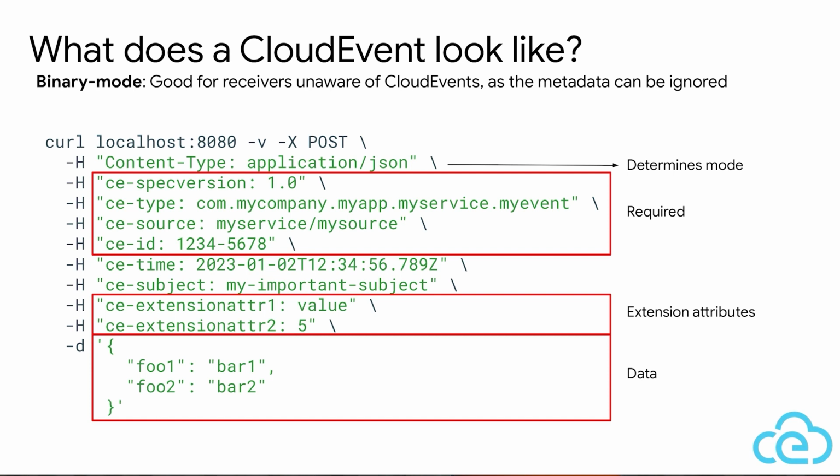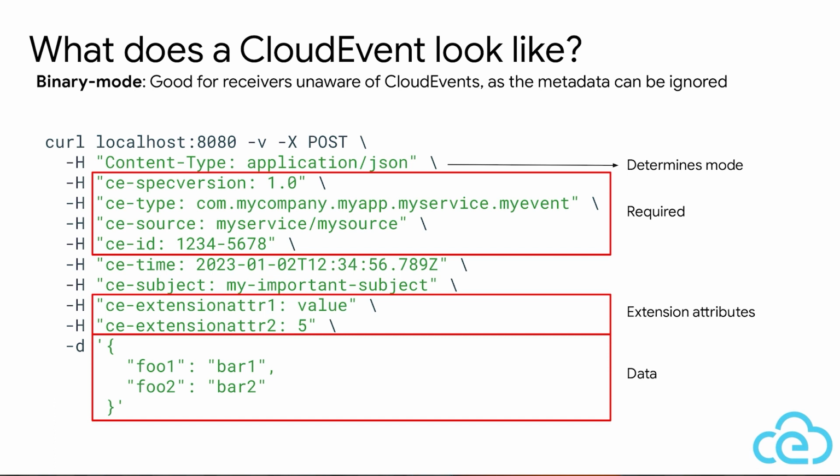And these are the minimal required CloudEvent headers that you need. So this is the spec version, then the type of the event, the source of the event, and the ID of the event. So you need this minimal set of headers to route the event. Then you have some optional headers that you can add, the time of the event and the subject of the event if you like. If your application has its own extensions, you can add them as headers as well.